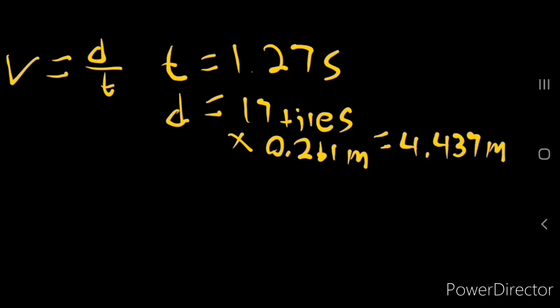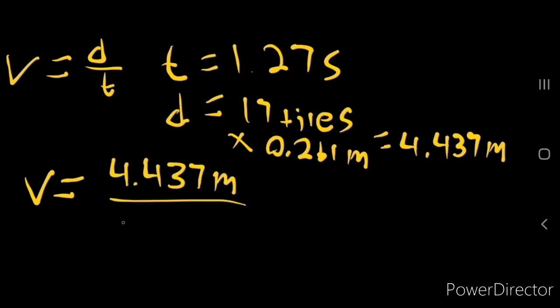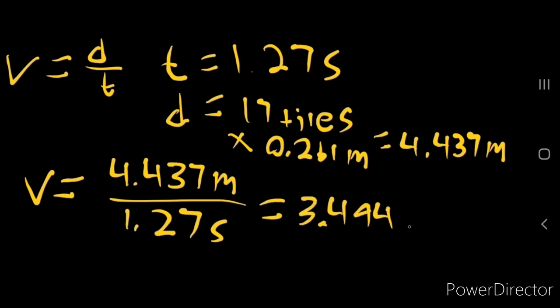So 17 times 0.261 is 4.437 meters. And so the velocity is 4.437 meters divided by 1.27 seconds, which is equal to 3.494 meters a second.